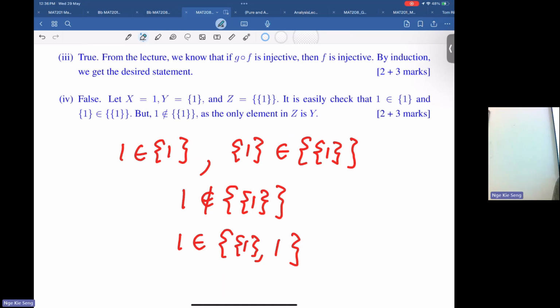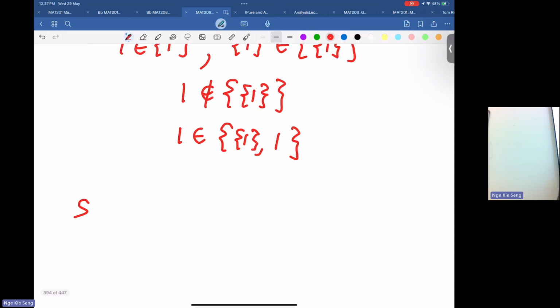No, this is an example only. You can define other examples. But what does it mean by, let's say, okay, I give some more familiar notation to you. What does this mean? X in the set X. What does this mean?